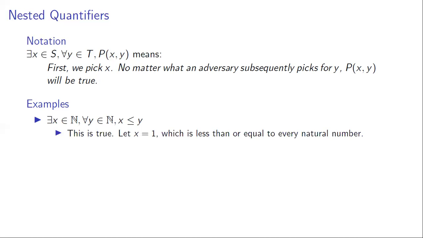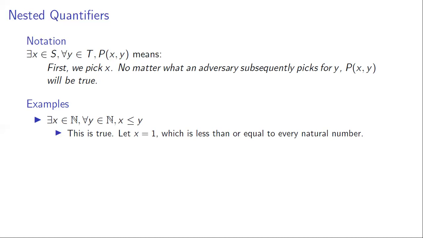But no matter what they pick, since they're picking a natural number for y, x is going to be less than or equal to y, because 1 is less than or equal to every natural number. Even if the adversary picks 1 as y as well, it's still true that x is less than or equal to y. 1 is less than or equal to 1.